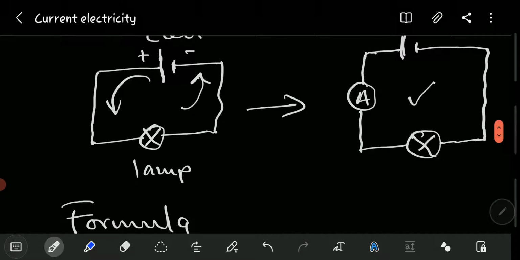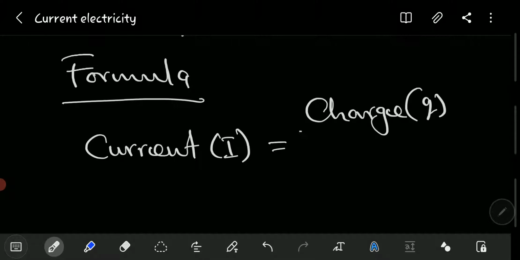Okay, so if we wanted to calculate the electric current flowing through the lamp in our circuit here, we are going to use the formula: current I is equal to charge, electric charge Q, divided by time T taken for the charge to actually pass through.